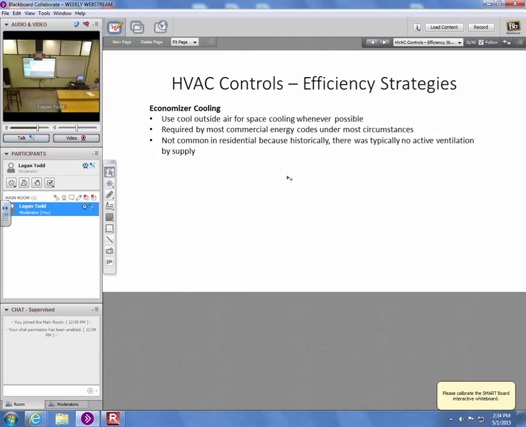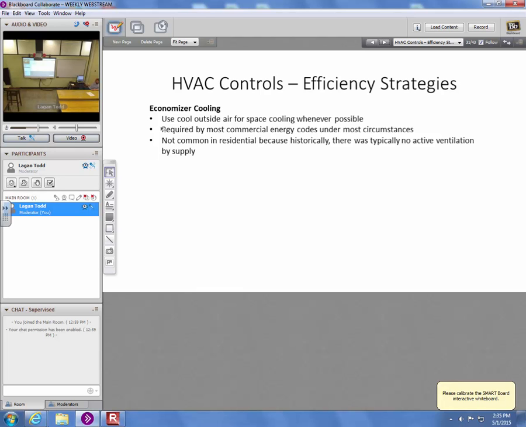Yeah. Okay, so economizing cooling. This is another one that has been very well understood and, you know, even required by code in the commercial world. There is no requirement for this that I know of in the residential sector. But if you're going to have an air handler, and that air handler is responsible for some ventilation, you can go a step further and have a modulating outside air damper with a little bit of control to be able to make use of that outside air for cooling when the space needs cooling.